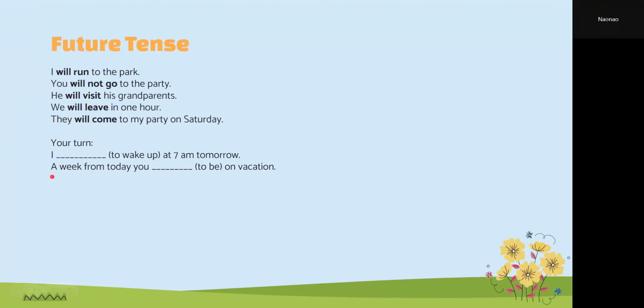A week from today, you will be on vacation. Vacation. It's a V sound. Exactly. So for this one, you have to add the word will.